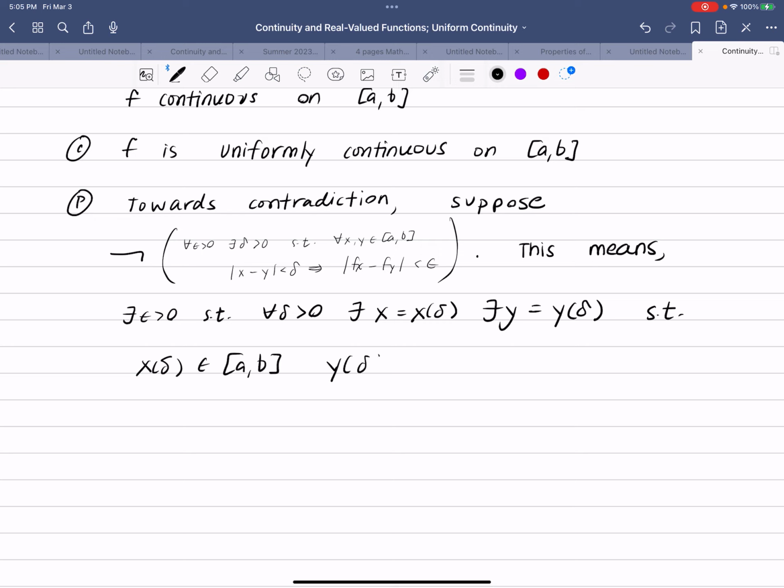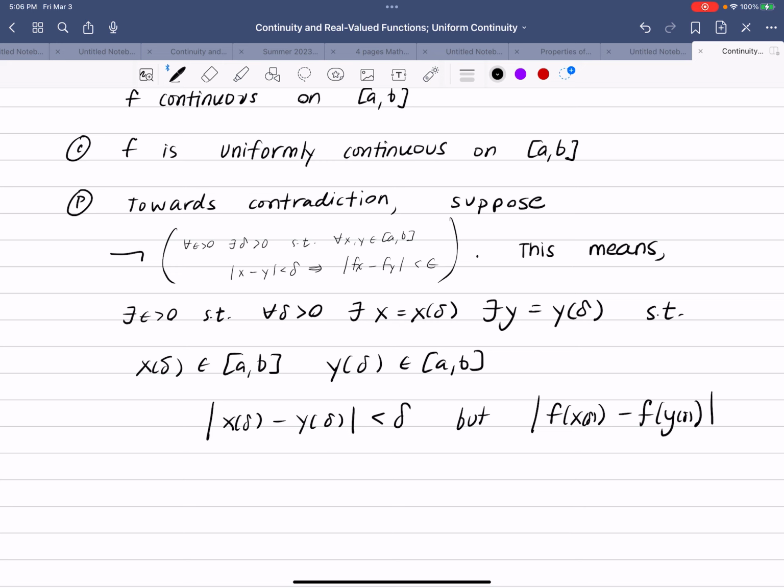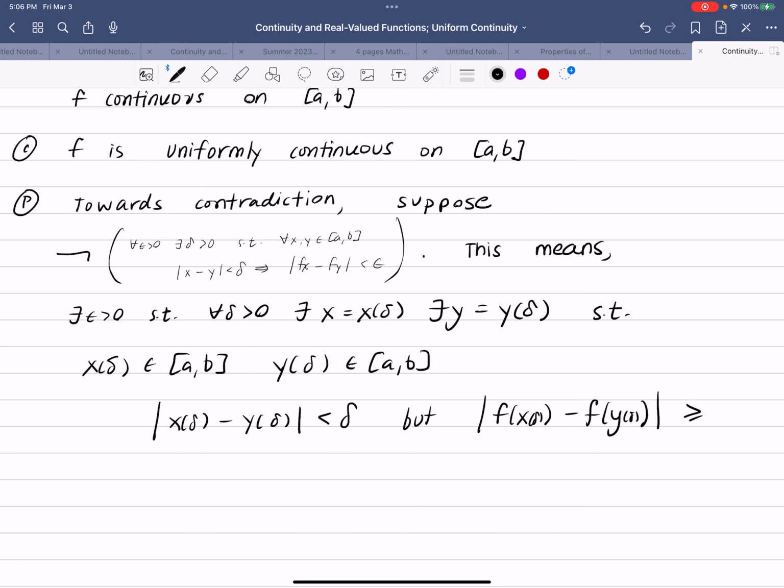Y of delta belongs to AB. These points are close to each other, but their images aren't. So that happens, but the distance between f of x delta and f of y of delta is bigger than or equal to epsilon.